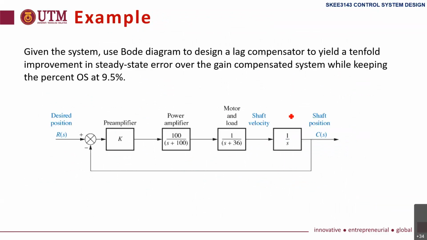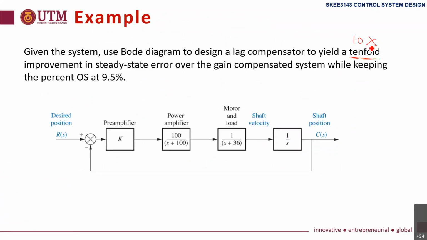Okay, given the system, use the block diagram to design a lag compensator to yield a 10-fold improvement. We want to obtain 10-fold. 10-fold means 10 times.